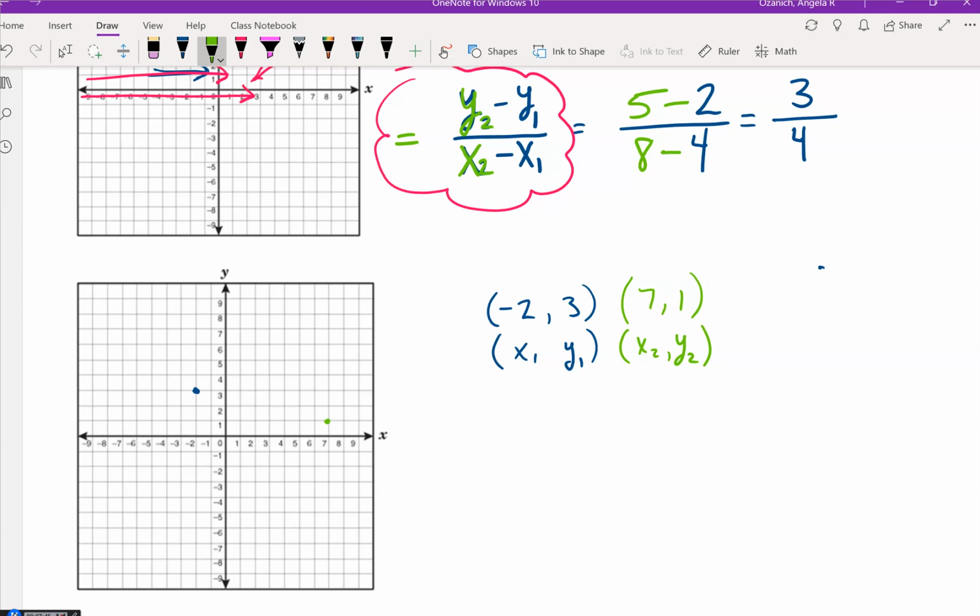Let's plug things in. So I'm going to grab my y's, that one, and that one. It's going to look like 1 minus 3, all divided by, and then I'm going to grab my x values.